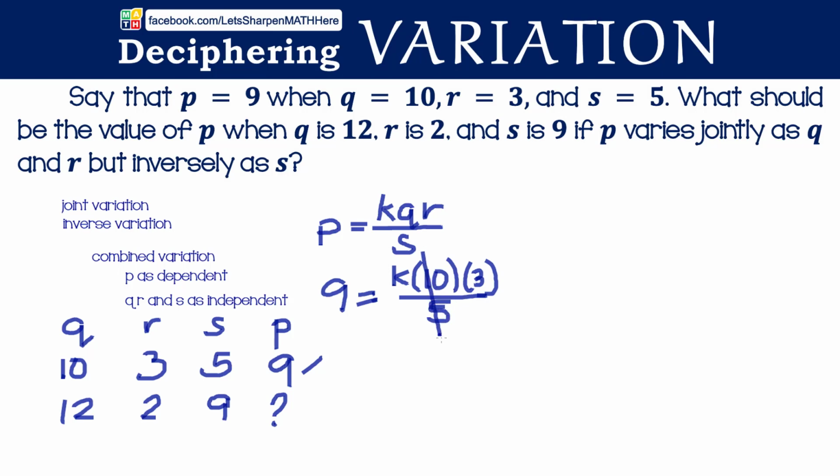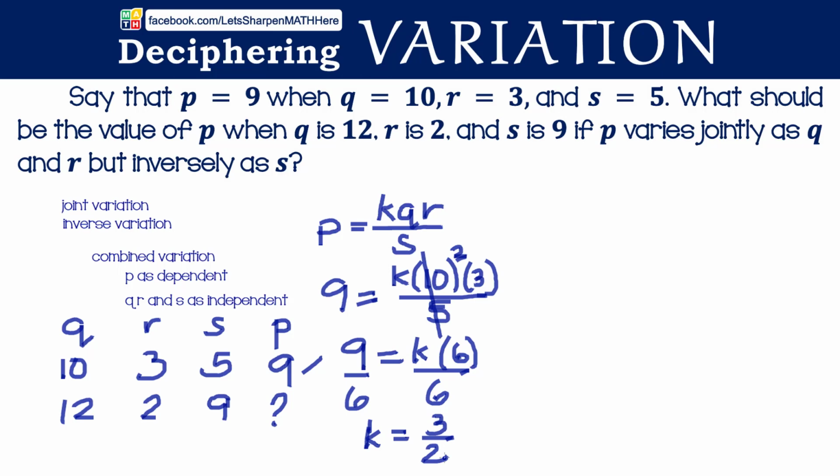So we can divide 10 by 5 to get 2. So you will get here 9 is equal to K times 2 times 3, you'll have 6. Divide both sides by 6. You will get a result of 9/6, or in lowest terms, 3 halves.